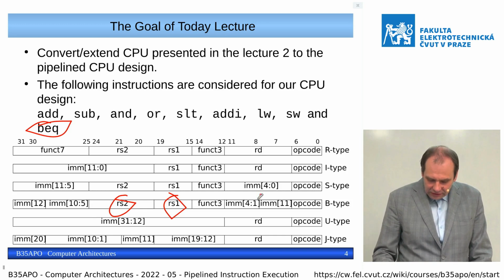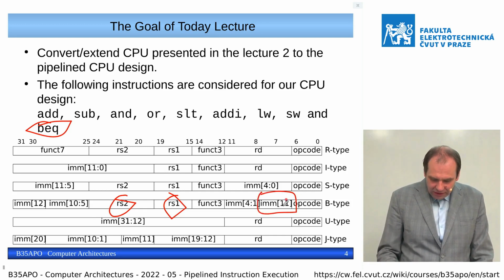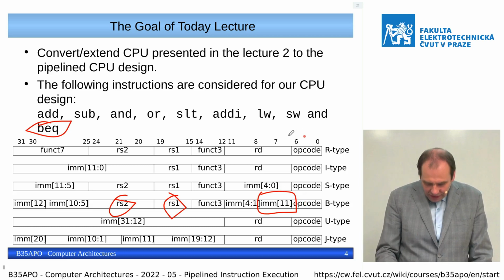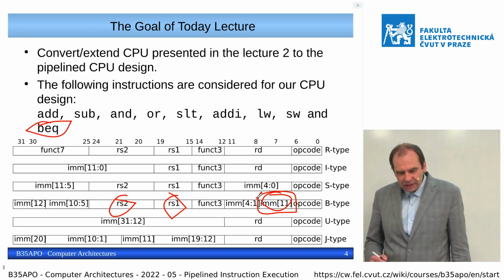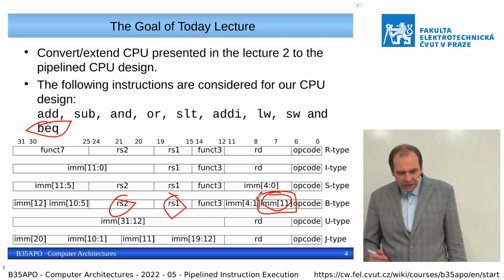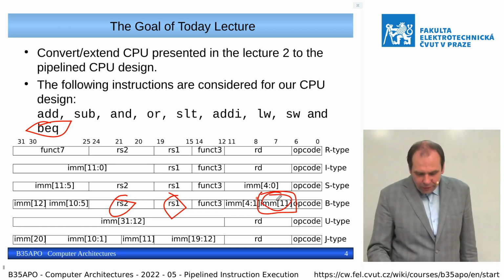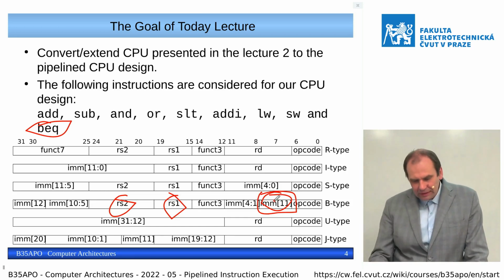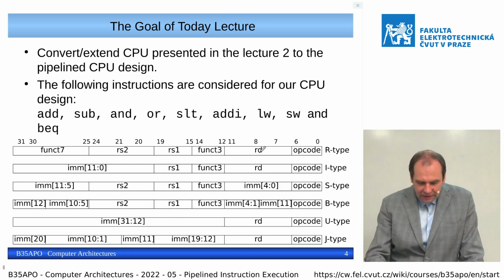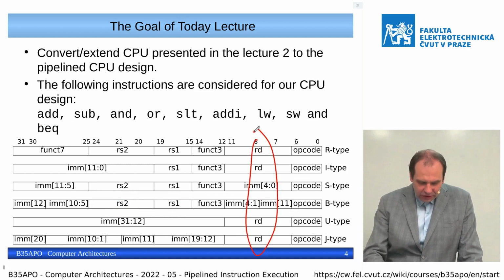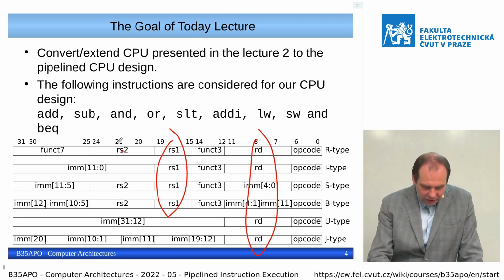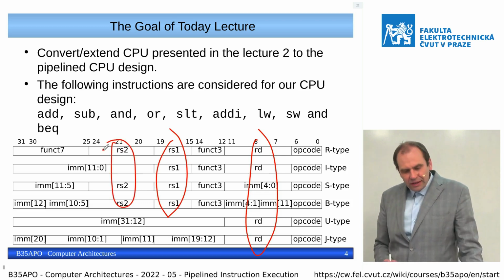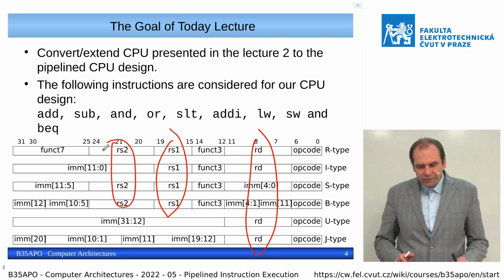So for this reason, bit 7 is reused as bit 11 of the branch target offset. So the encoding of immediate operands on RISC-V is relatively complex, but thanks to this complexity, we can keep the destination register, first source register, and second source register exactly at the same position for all types of instruction.